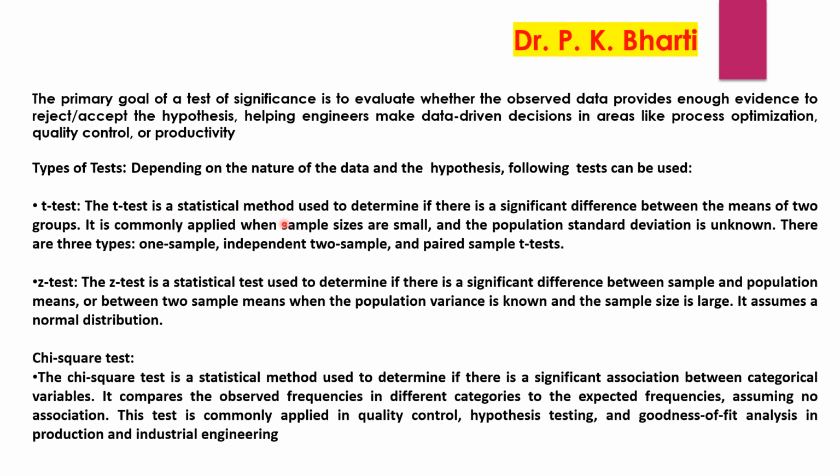The t-test is a statistical method used to determine if there is a significant difference between the means of two groups. It is commonly applied when sample sizes are small and the population standard deviation is unknown. There are three types of t-test. First is one sample t-test, independent two sample test, and paired sample t-test.